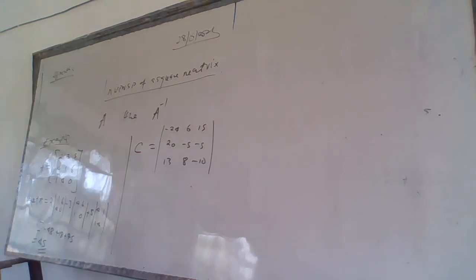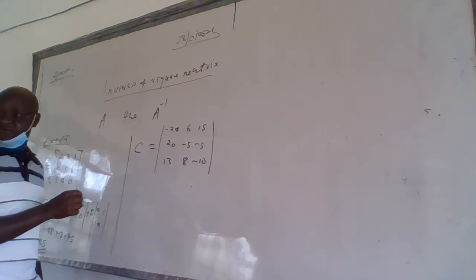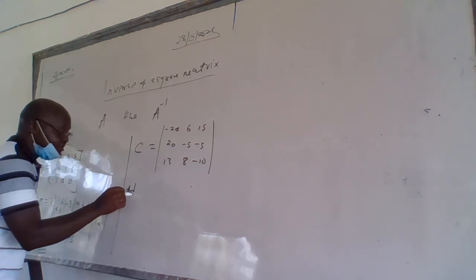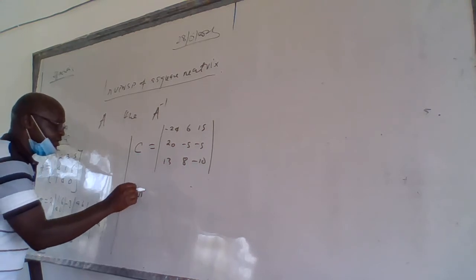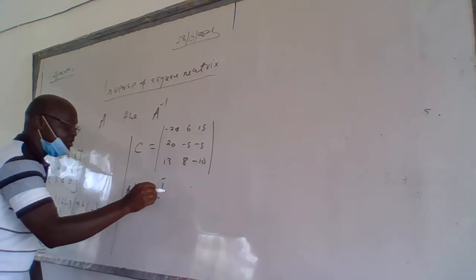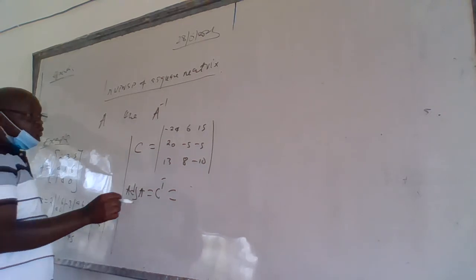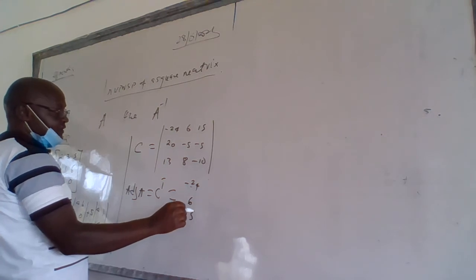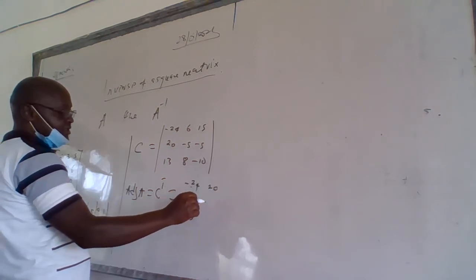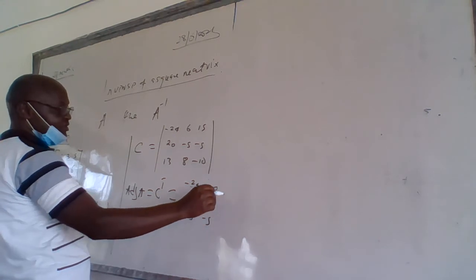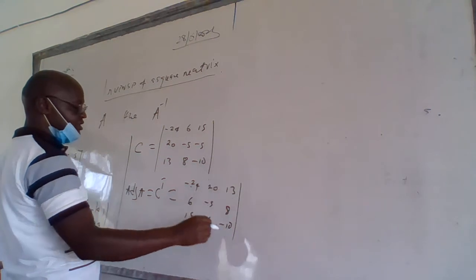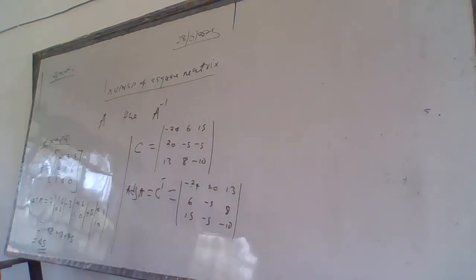We have already calculated the cofactors, C, which is negative 24, 6, 15, 20, negative 5, negative 5, 13, 8, negative 10. Then we transpose to get the adjoint. So the adjoint of A equals the transposed matrix, which is now negative 24, 20, 13, 6, negative 5, 8, 15, negative 5, negative 10. So this is the adjoint of A.